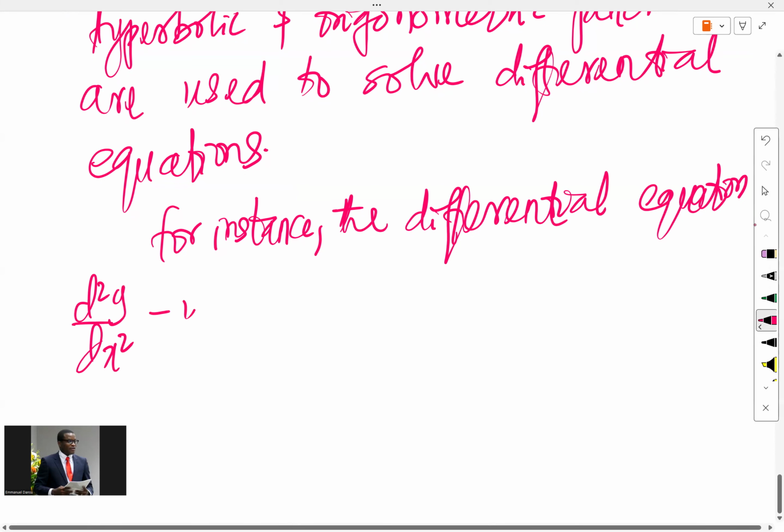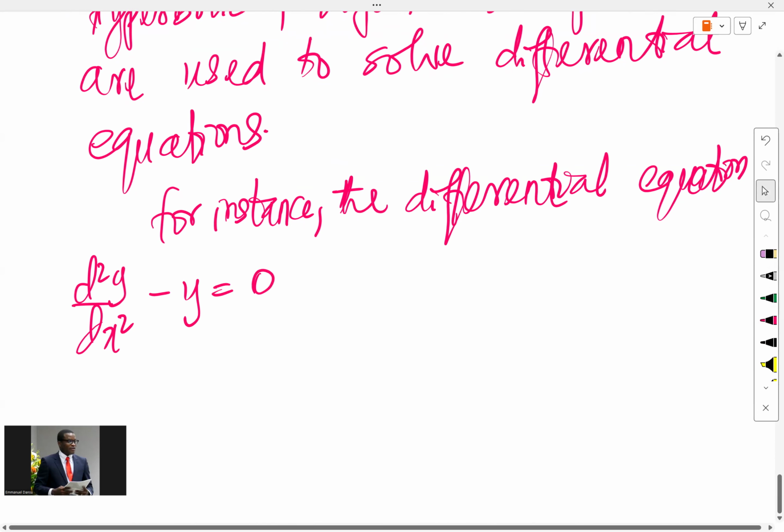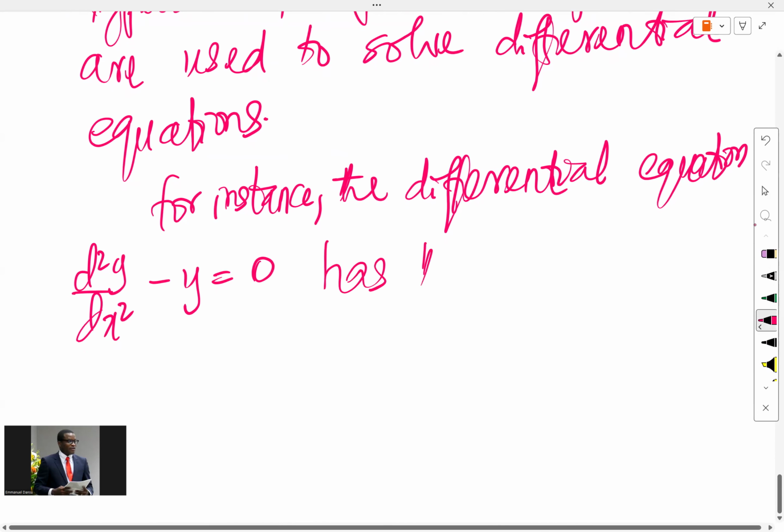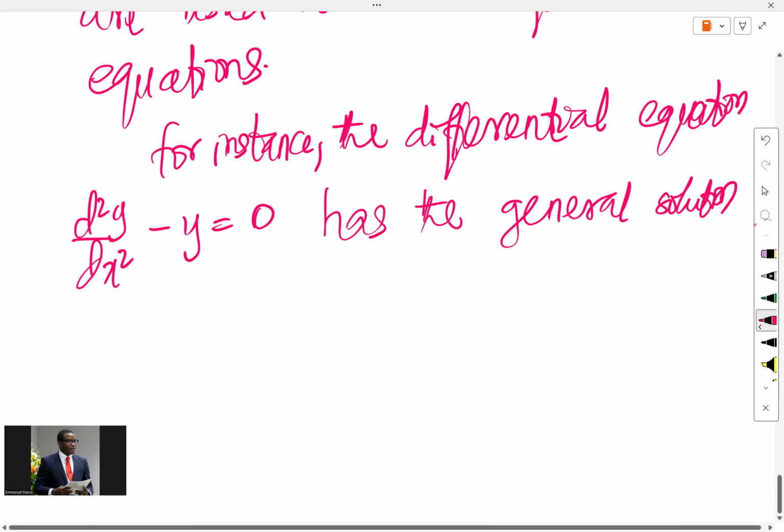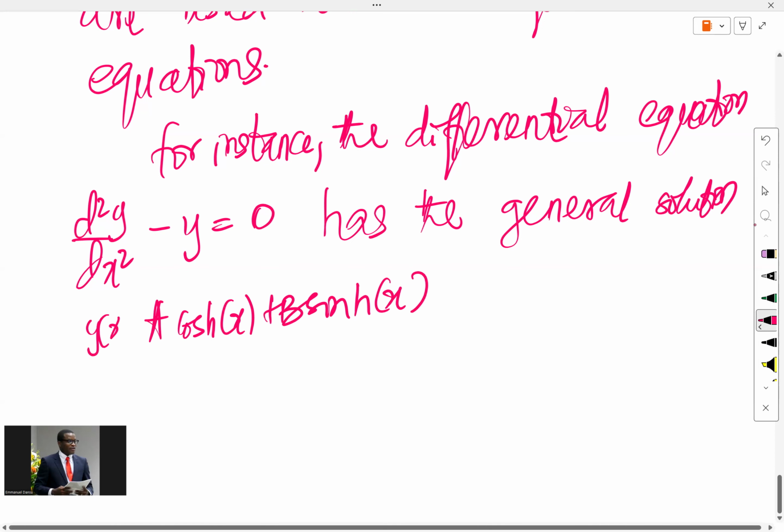I mean, we just saw this not too long ago. It has the general solution a cos x plus b sin x. That is y of x. When you solve a differential equation, you get a function. So here you're solving to get y. So y of x is a cos x plus b sin x.